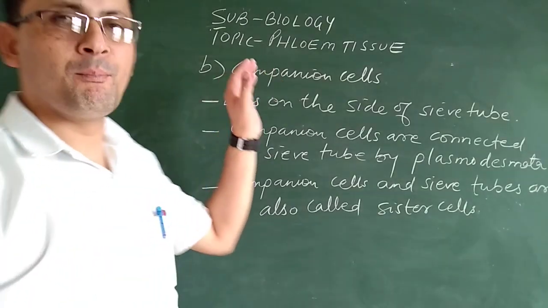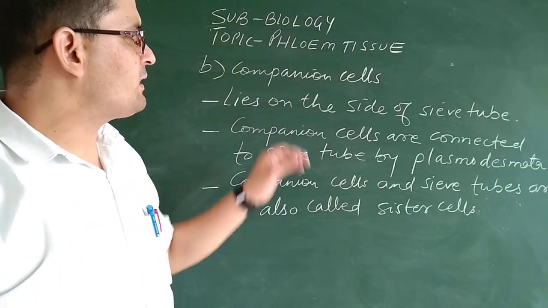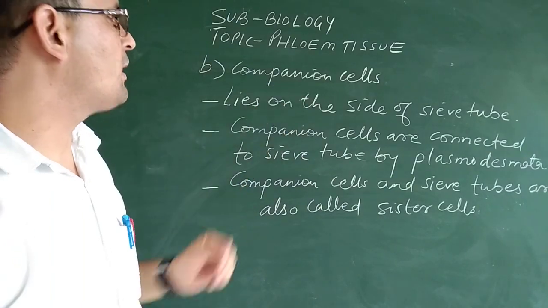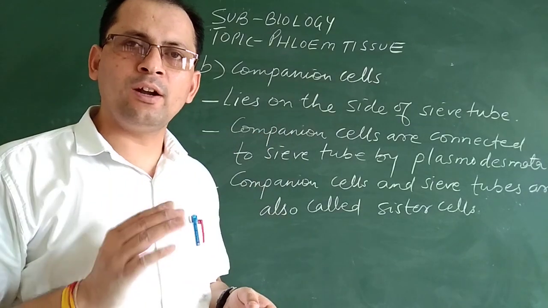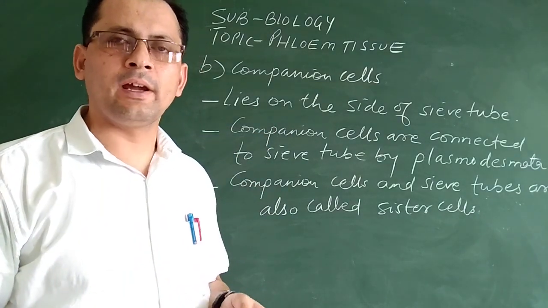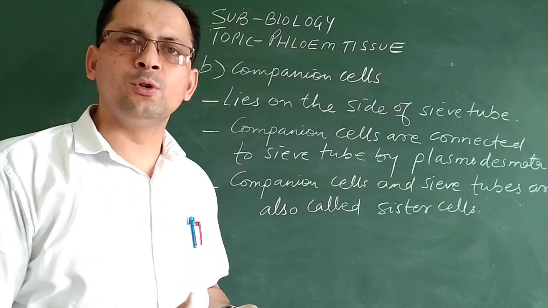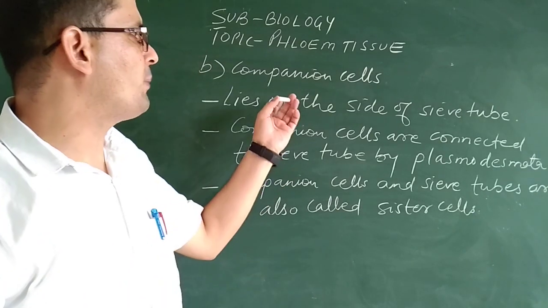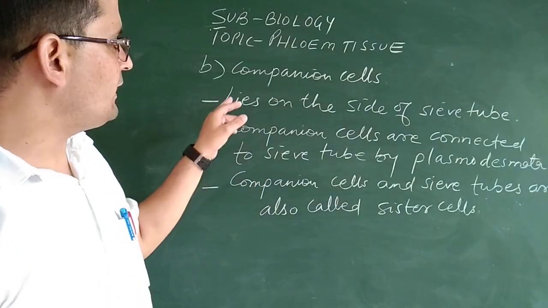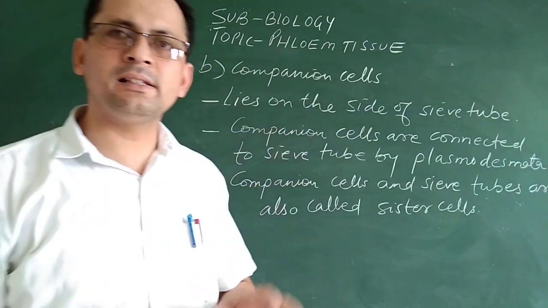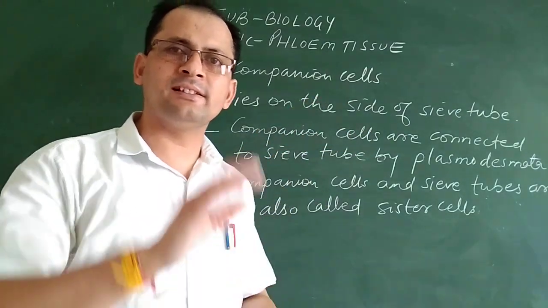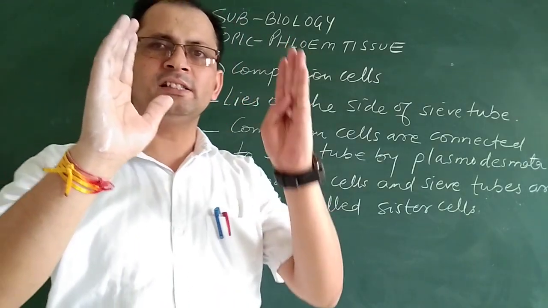The next cell is the companion cells. Now let us see the general features of these companion cells. They lie on the side of the sieve tubes. Companion cells are connected to the sieve tube, like this is the companion cell and this is the sieve tube.